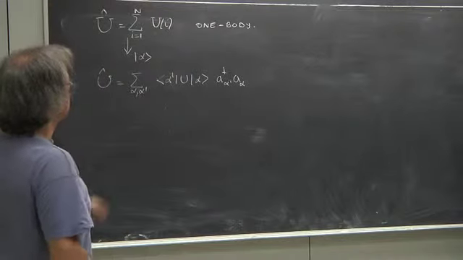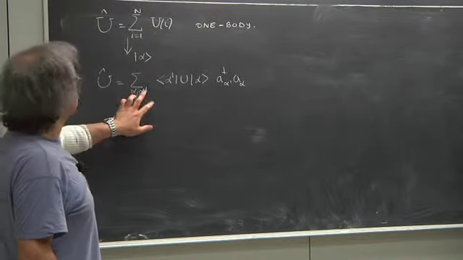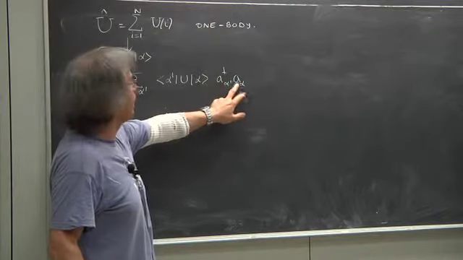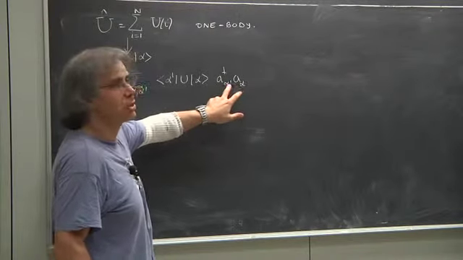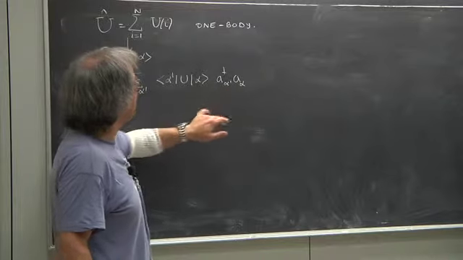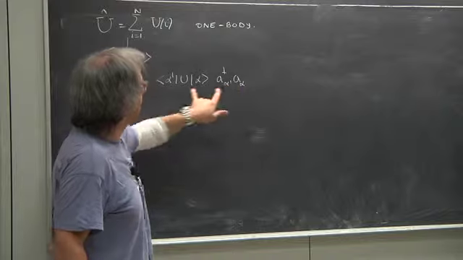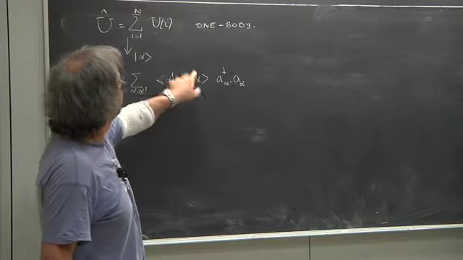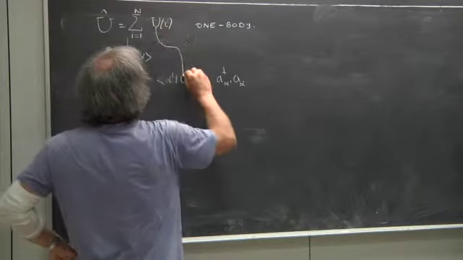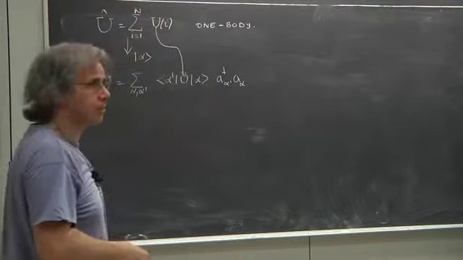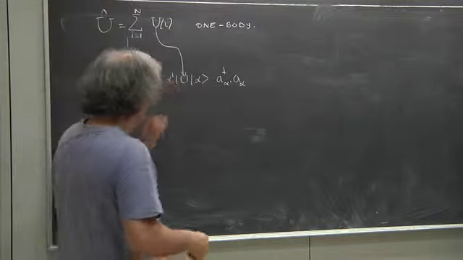So in general, it's a double sum on the labels. There is one a dagger and one a, with in general two indices, alpha prime and alpha. And for the given choice of alpha prime and alpha, there is a matrix element of this object, a single one. Don't put the sum. Just a single operator in between the two states.